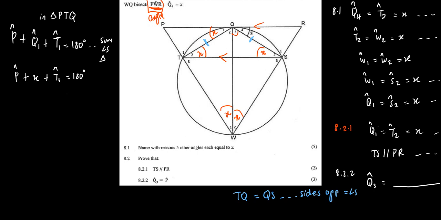Angle T1 is equal to QSW. Then we say exterior angle of a cyclic quad. Okay, perfect. So we know that T1 and WSQ are equal. So therefore, can I say that angle P is actually 180 minus X minus QSW?